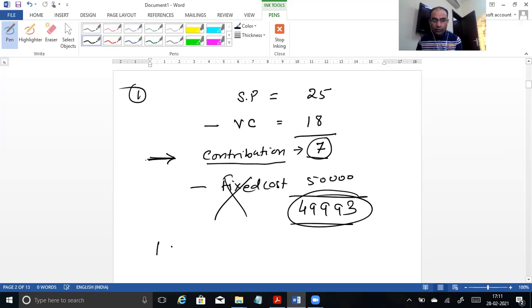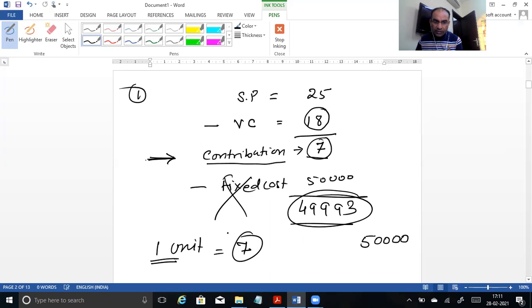If I am selling one unit, I am getting 7 rupees as a contribution. And how much is my total fixed cost? My total fixed cost is 50,000. After selling my one unit, I have covered my total variable cost. Okay.